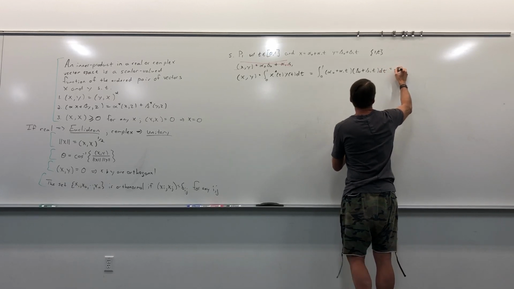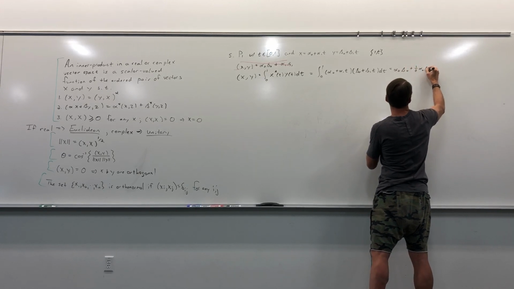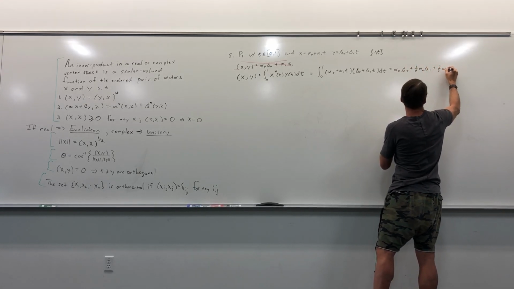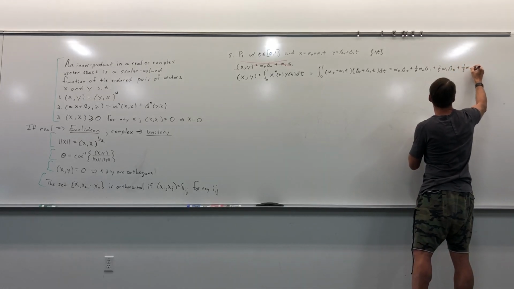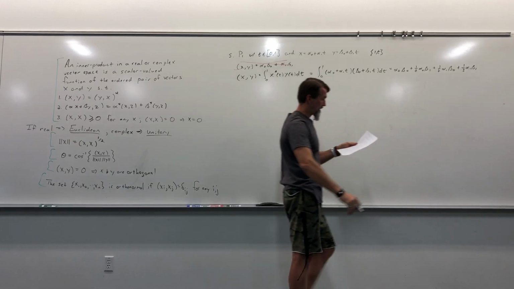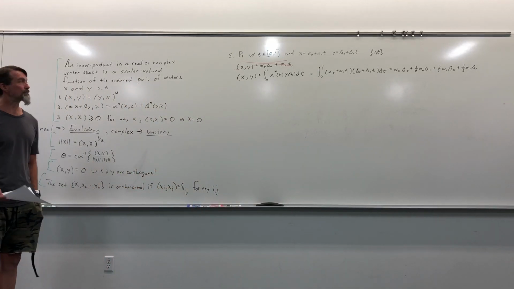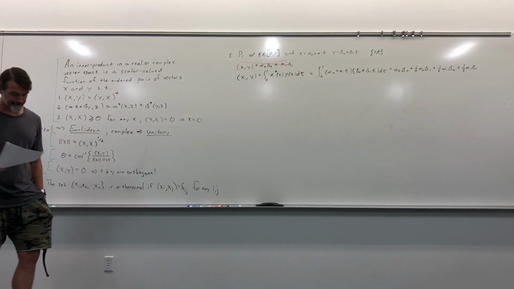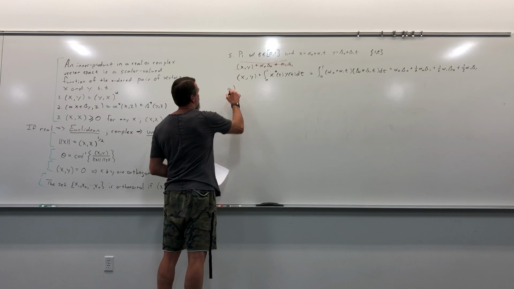And this is going to be alpha naught beta naught plus 1/2 alpha naught beta 1 plus 1/2 alpha 1 beta naught plus 1/3 alpha 1 beta 1. Okay? There are two things to note about this.